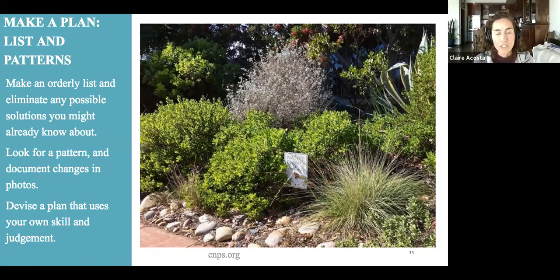And look for any patterns too, whether temporal or spatial. Maybe this is a seasonal issue that comes up, or we don't see it in winter, or we don't see it in summer, or vice versa. Or is it a spatial thing, like this plant is being affected but it's really crowded in here, and this plant that's got a lot of air circulation around it and space and light isn't having the problem. So just trying to hone in on what's going on.